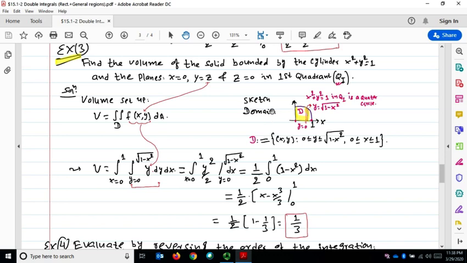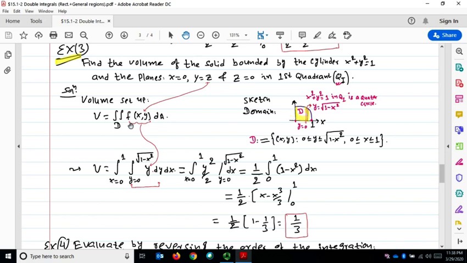So let's get the domain. The domain is the projection of this cylinder on the xy-plane in the first quadrant. That means a circle, and the first quadrant means a quarter circle in the first quadrant, which is just this part, right?